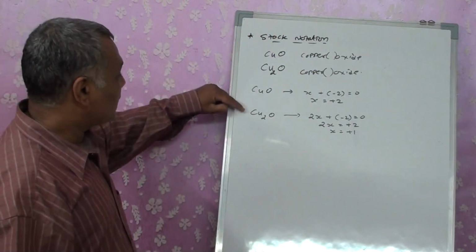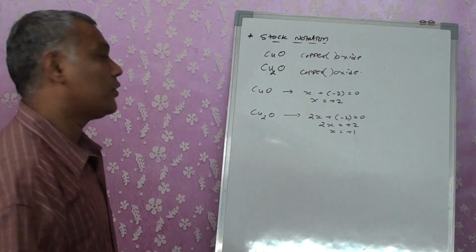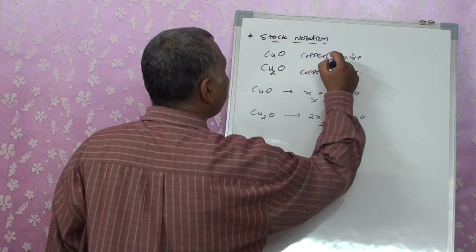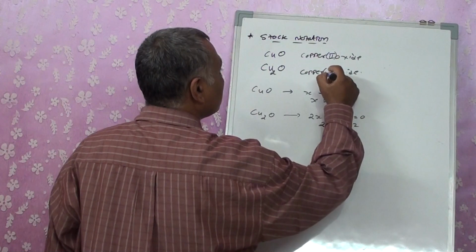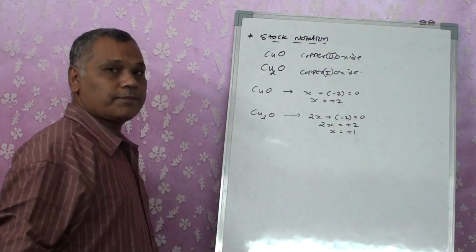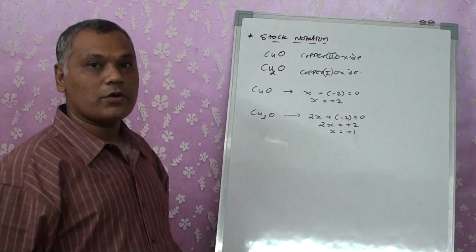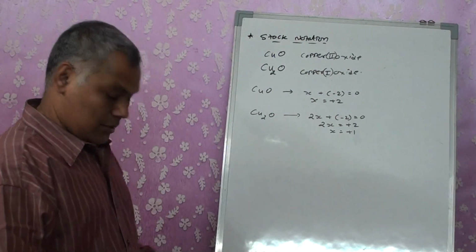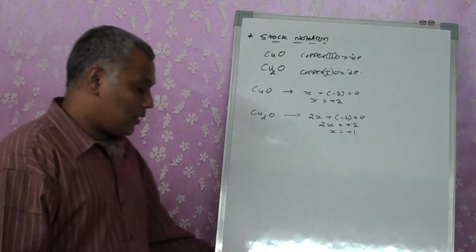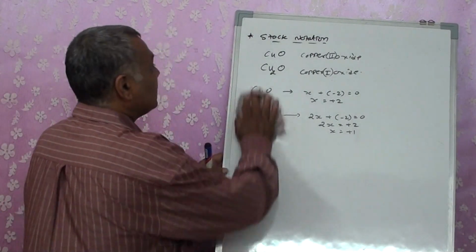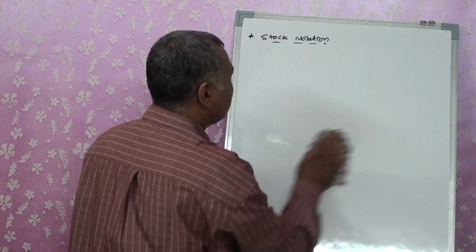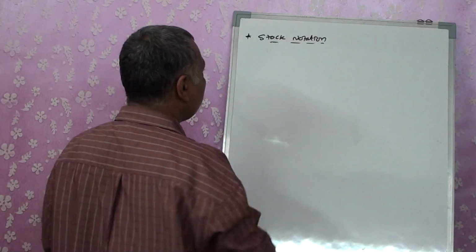So in this case, the copper is in the plus 1 oxidation state. So those numbers are indicated in Roman letters within small brackets. Copper(II) oxide, copper(I) oxide, right? Similarly, another example of the same type.